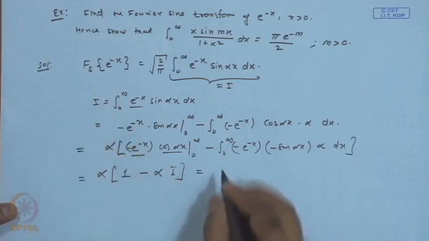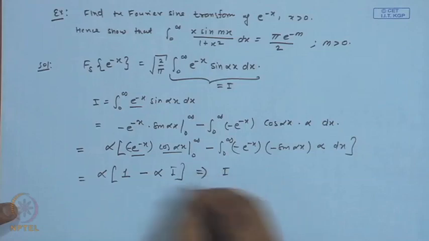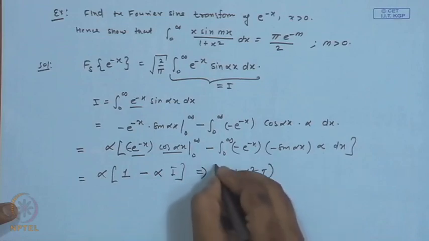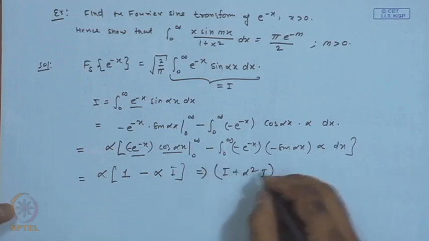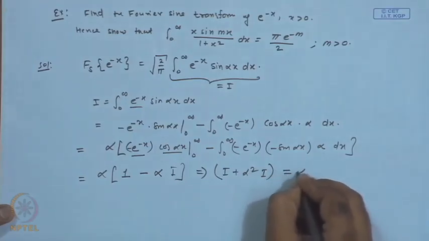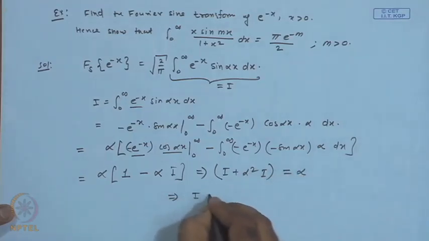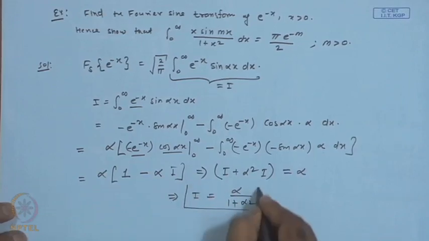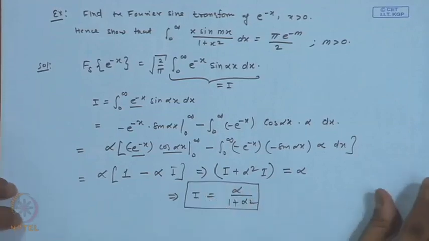So, what we have is I plus alpha square I is equal to alpha. So, this implies that I is alpha over 1 plus alpha square.